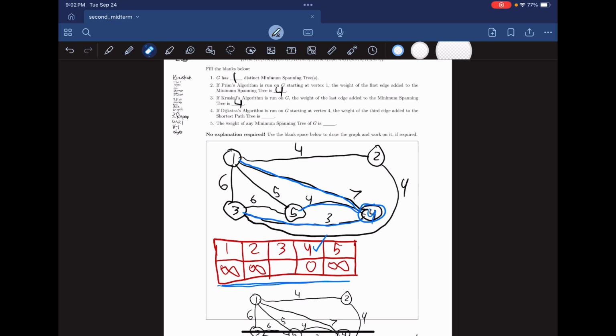So the way that we write that down is that we change the distance in our table for 3 from infinity to distance 3. And we're then going to say that in our shortest path tree, you can go from 4 to 3 as a possible shortest path edge.